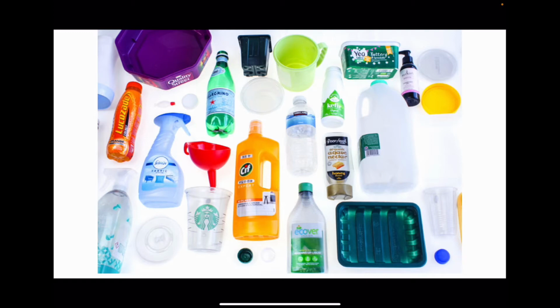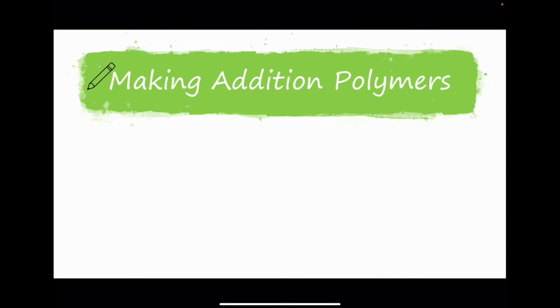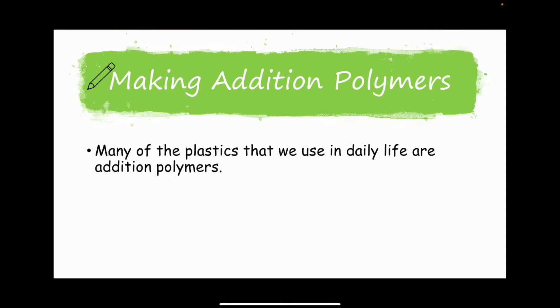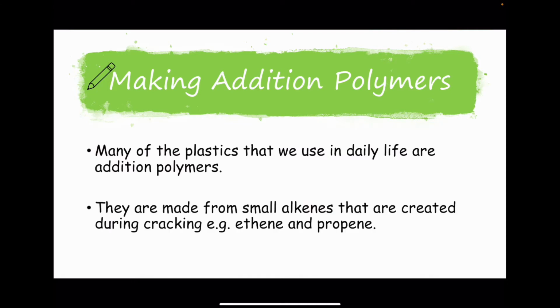Okay, so when we're talking about making addition polymers, remember that pencil symbol means we're writing this slide down. Many of the plastics that we use in daily life are addition polymers. Addition polymers are made from small alkenes that are created during cracking, e.g. ethene and propene.